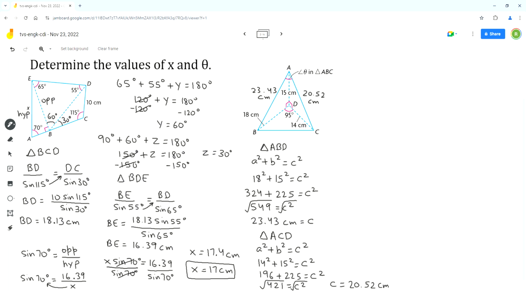Let's assume the length of side BC is x. So the cosine law equation will be, so this analysis is for triangle BCD. Now we have to solve for x.